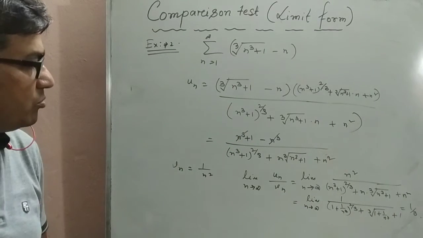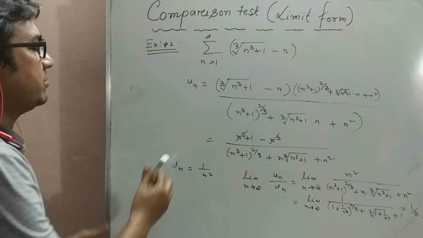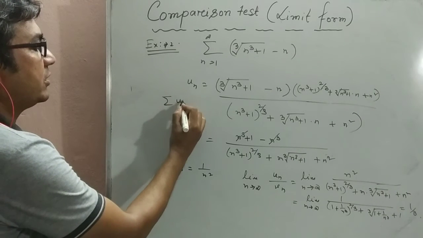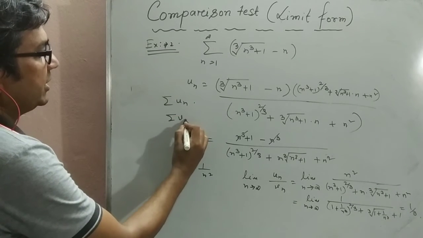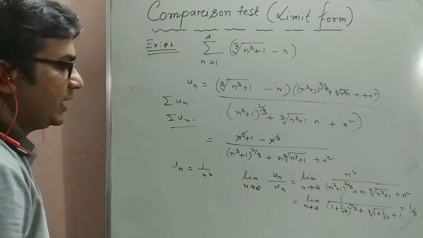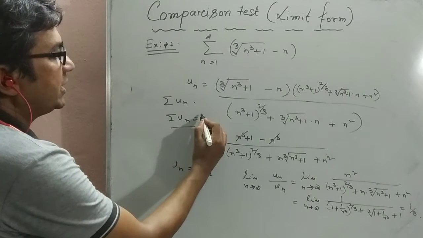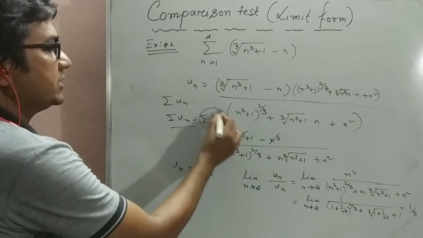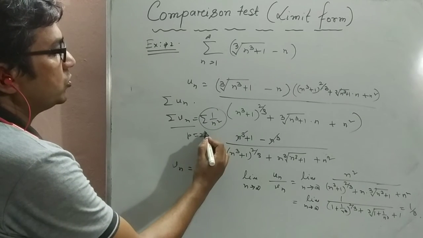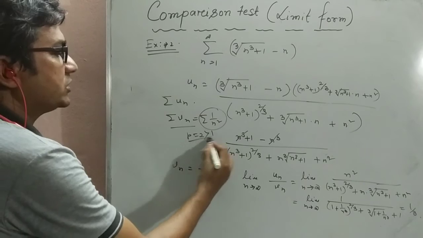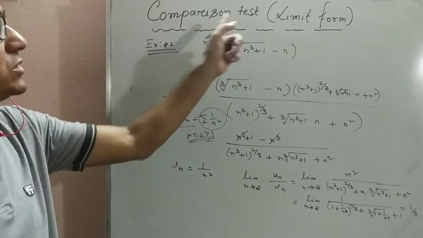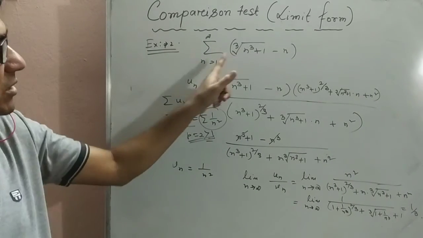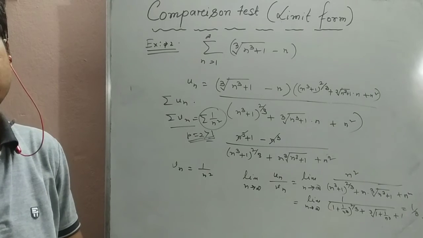So both series summation un and summation vn behave alike, and we know that summation Vn equal to summation 1 by n square. This is a P series with P equal to 2 greater than 1, so this is convergent. So by comparison test of limit form, we say that the given series is also convergent.